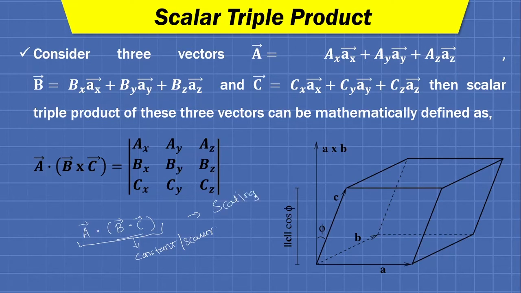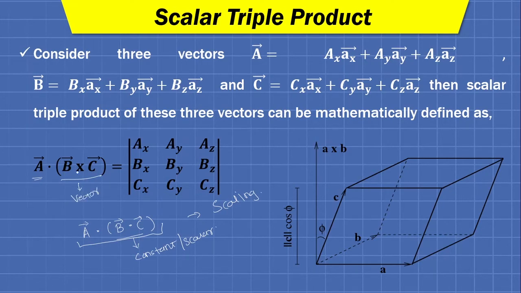For a dot product we need two vectors on both sides of the dot. So a bar here is a vector, and on the right hand side of this dot sign we must have another vector. That is why we cannot put a dot over here, but if we do a cross product of b bar and c bar, its result will also be a vector.